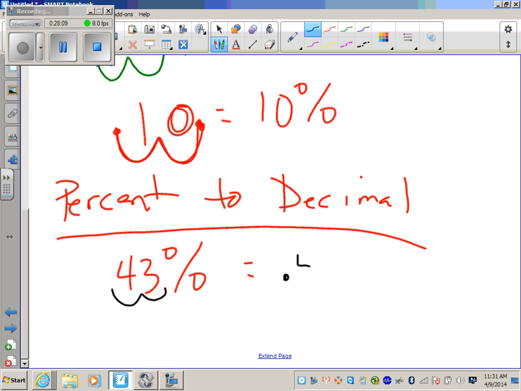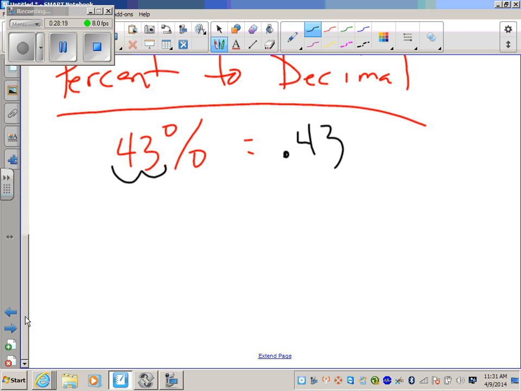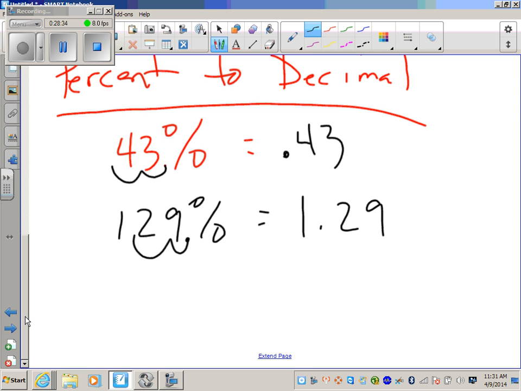Equals 1.29, not 129%. Point 4% equals 0.004.